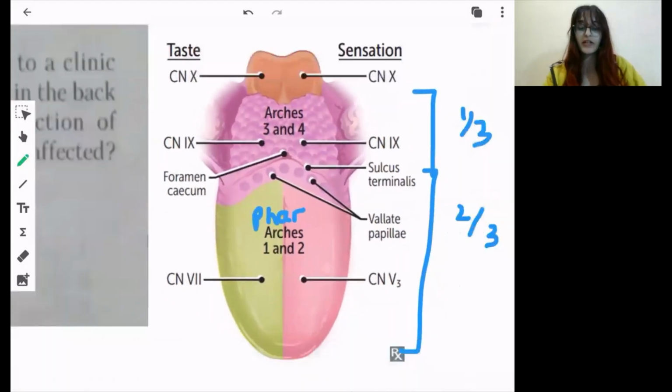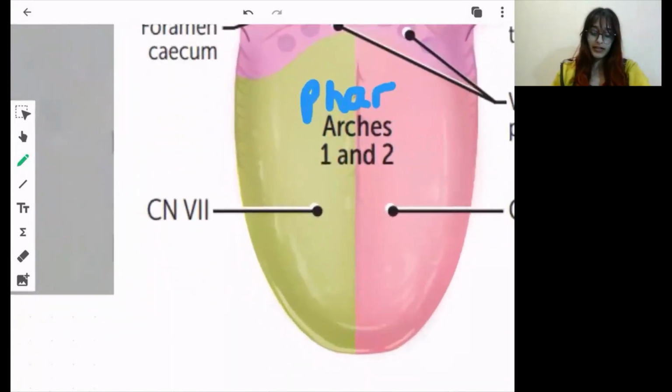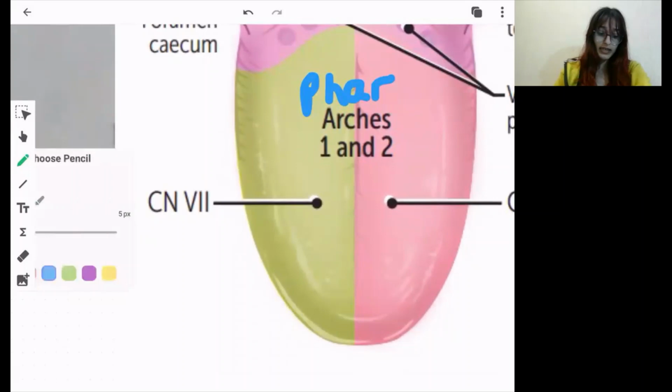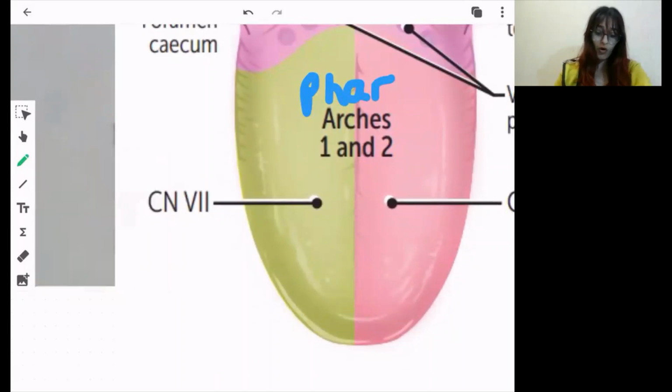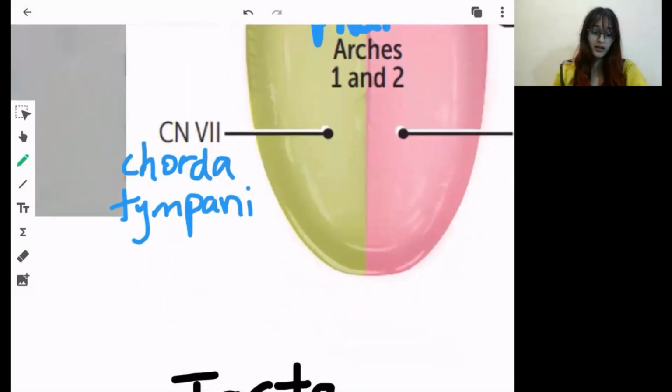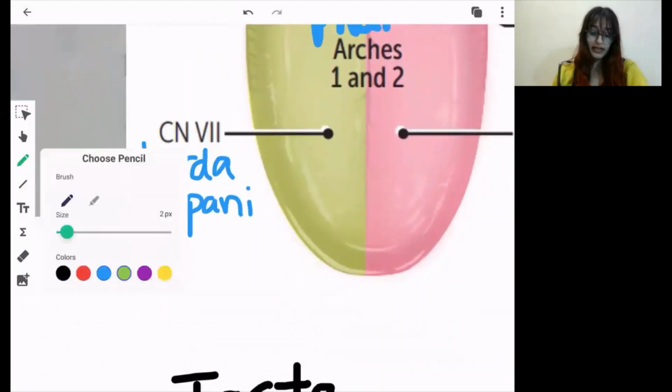And if you know about the pharyngeal arches, you know that 1 and 2 give rise to nerves number 7 and the 5th. So cranial nerve number 7, that is the facial nerve, has a branch which is called the chorda tympani.